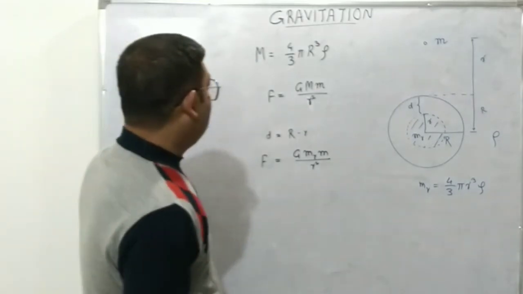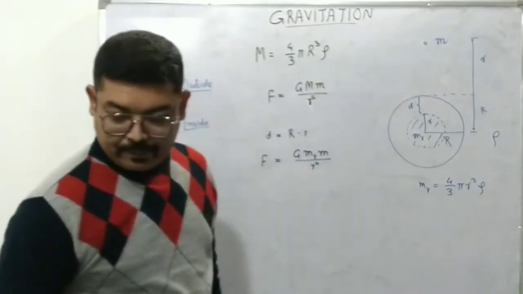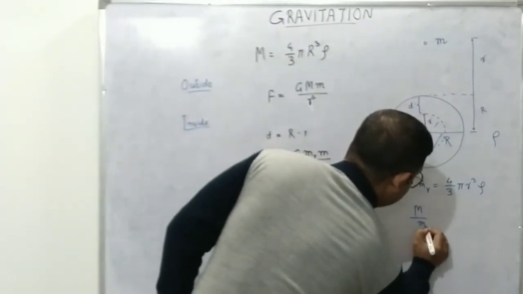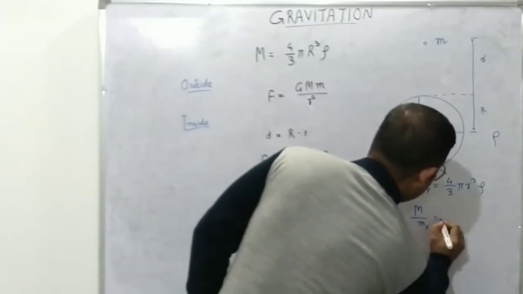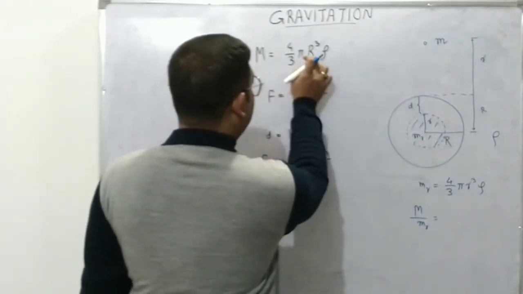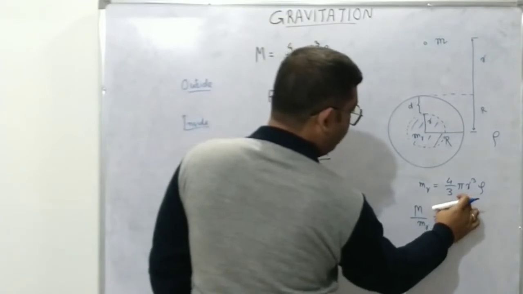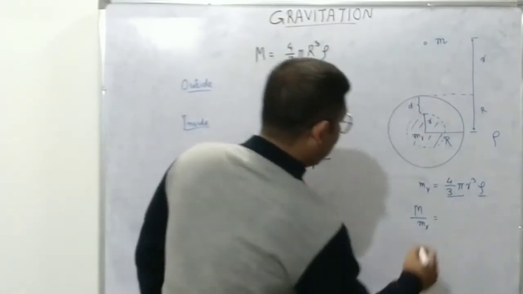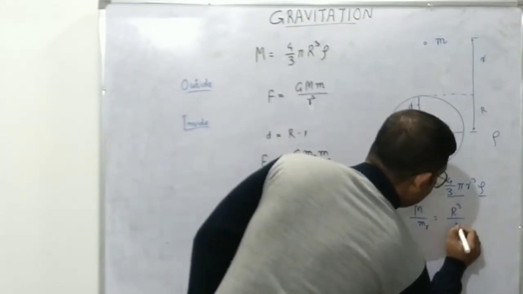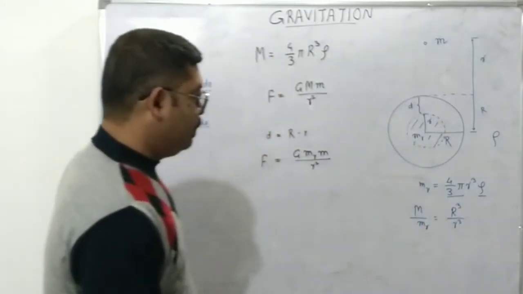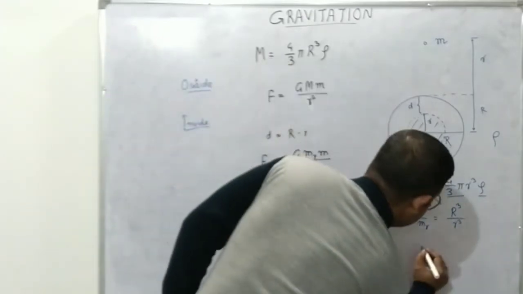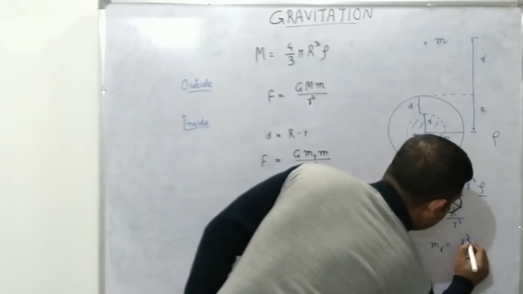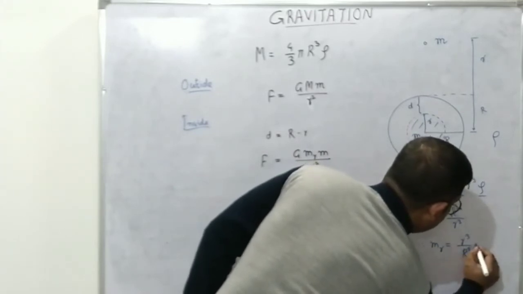If we compare it to this, capital M by m_r will be 4 by 3 pi capital R cube rho divided by 4 by 3 pi small r cube rho, which means 4 by 3 pi and rho will cancel and we will have capital R cube by small r cube. Or we can say that m_r can be given by small r cube by capital R cube into capital M.